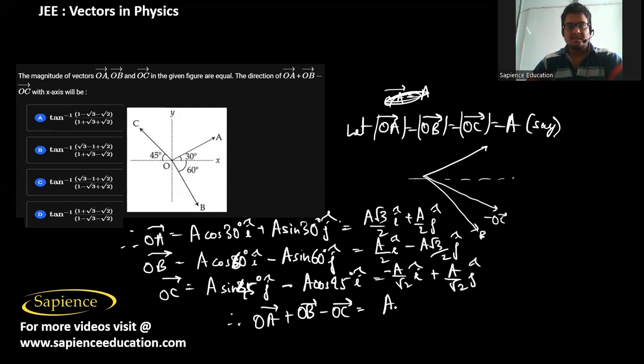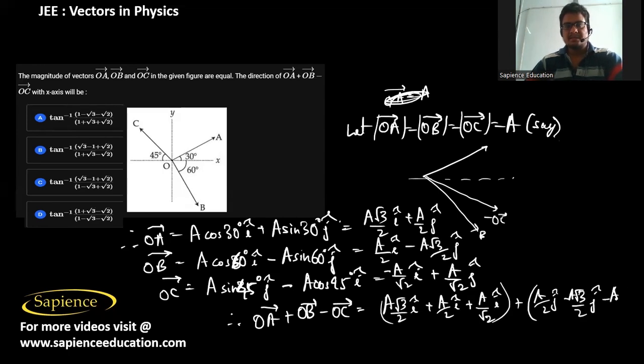So this will be A root 3 by 2 i cap plus A by 2 i cap, then minus of minus, that is plus A by root 2 i cap. And for j cap, this will be A by 2 j cap minus A root 3 by 2 j cap and minus A by root 2 j cap.